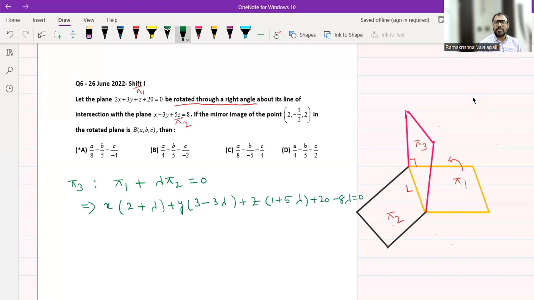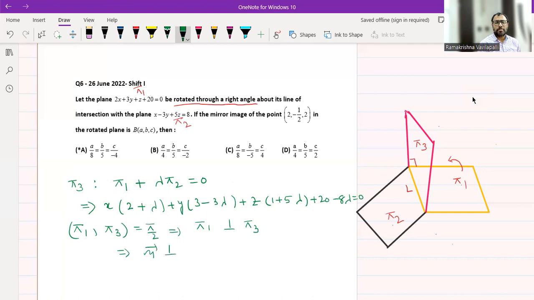Now what is the angle between plane 1 and plane 3? Angle between pi 1 and pi 3 equal to 90 degrees, which means that plane 1 is perpendicular to plane 3. When two planes are perpendicular, their normals are also perpendicular.